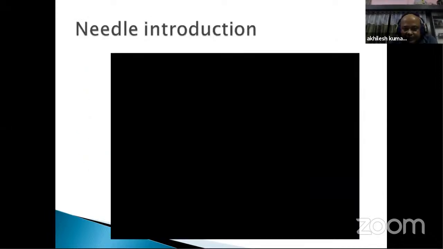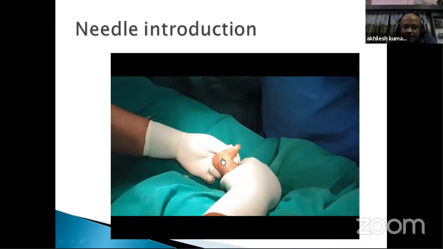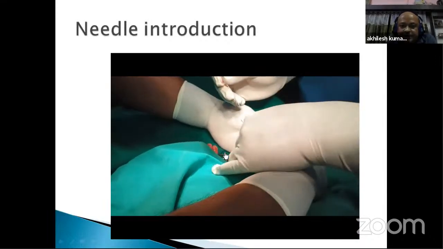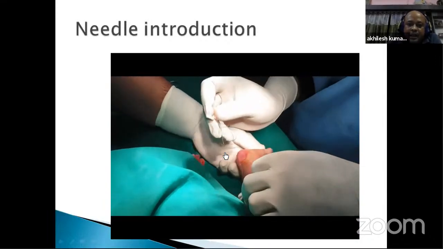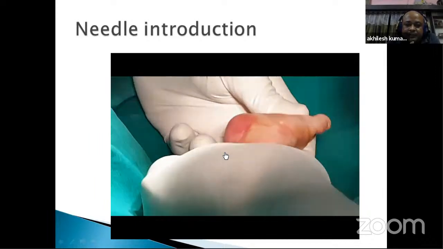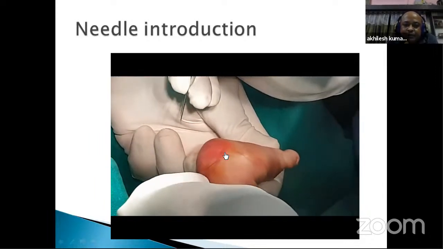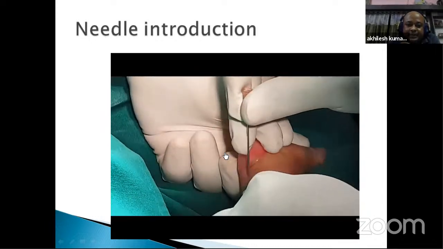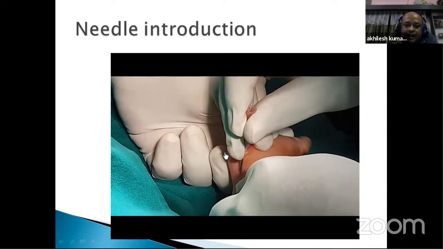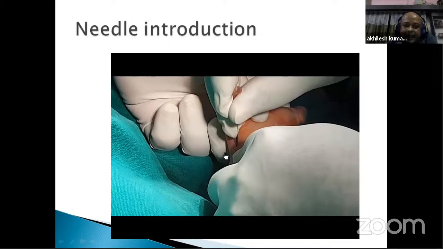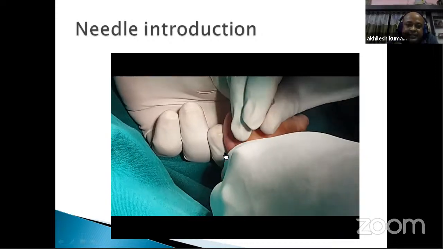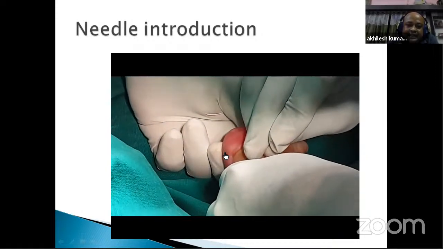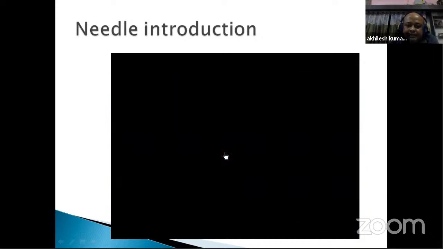So first you watch the video. The most important part is the localization of the ideal point for the tenotomy. It should ideally be 1 to 1.5 centimeters above, but with your index finger just point out the most prominent part and introduce the needle with its beveled end anteriorly.